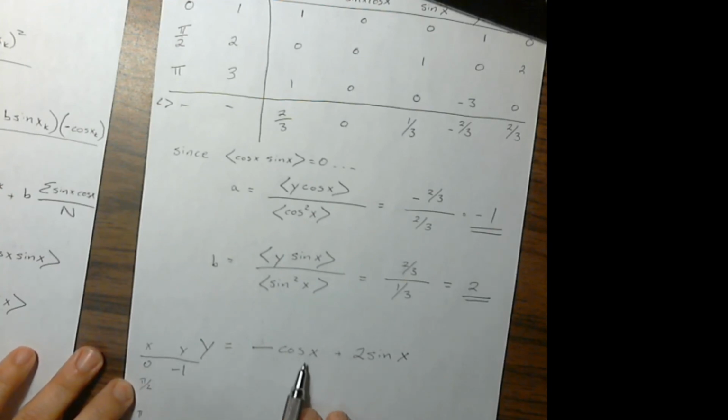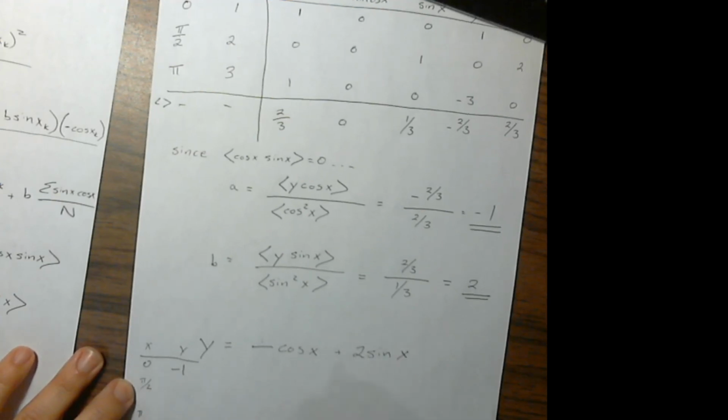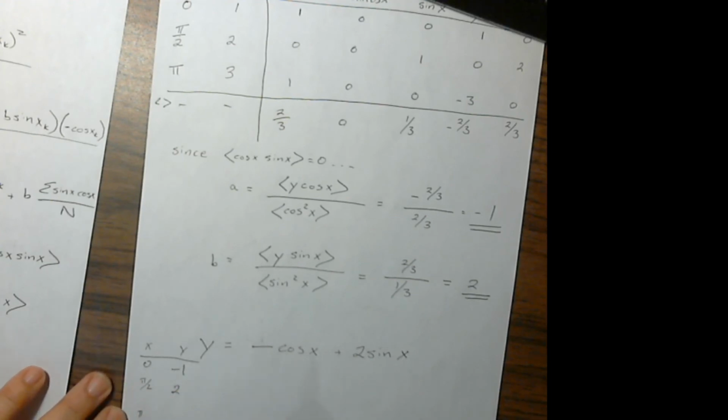And let's see, at pi halves, I get 0 here, and I get 2 here, right, because sine is 1. Okay, that did better. And then at pi, this is going to be 1 and 0 again, so this is 1. Yeah, so not so great. We did not match the data very well, but apparently this is as well as we can do. Or at least that's what the analysis would have me believe.